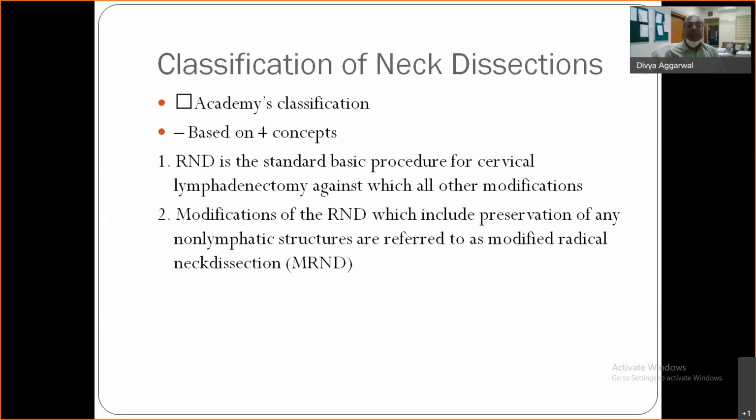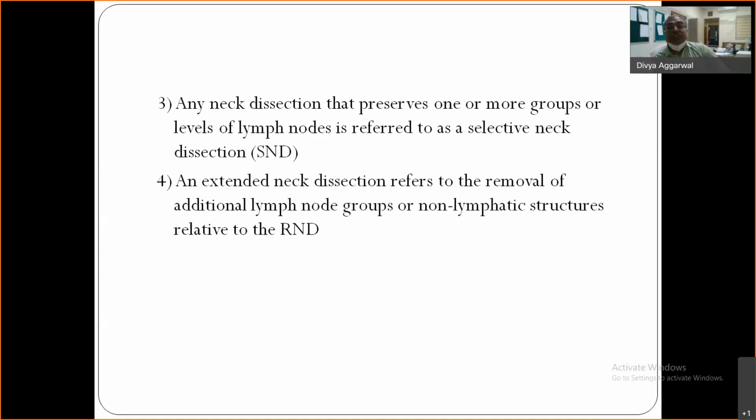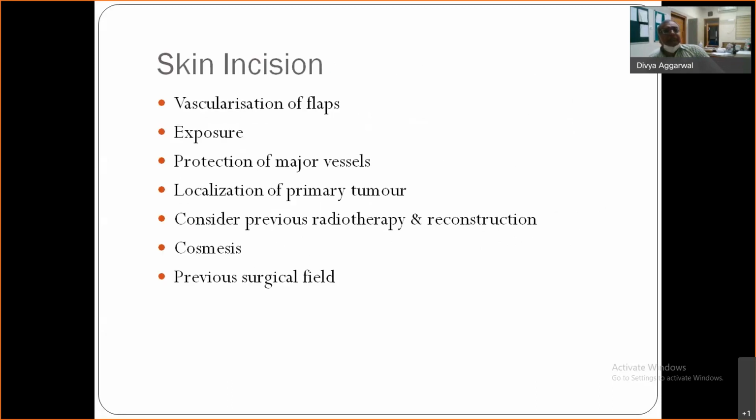Modifications of RND that include preservation of any of the non-lymphatic structures are referred to as modified radical neck dissection. And any neck dissection that preserves one or more groups or levels of lymph nodes is referred to as selective neck dissection. An extended neck dissection refers to the removal of additional lymph node groups or non-lymphatic structures related to the RND. These are level 6 or 7, or retropharyngeal or peripharyngeal nodes.